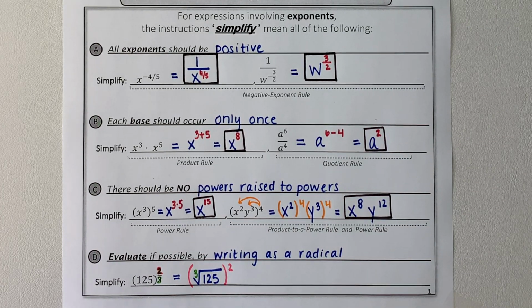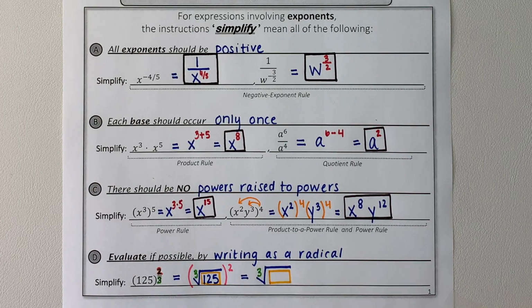Now we need to evaluate this. And to evaluate means that we actually want to compute this to find the actual value of this. First, let's work inside these parentheses here. In my 6.1 video, we learned that we want to rewrite 125 as some quantity cubed. Because if we can rewrite 125 as some quantity cubed, then the cubed root and the cubed power will cancel each other out. 125 can be written as 5 cubed.